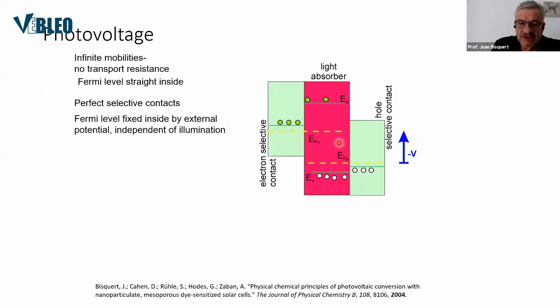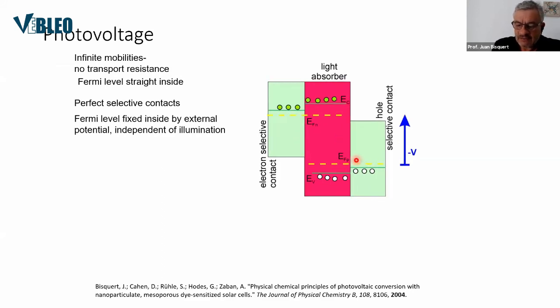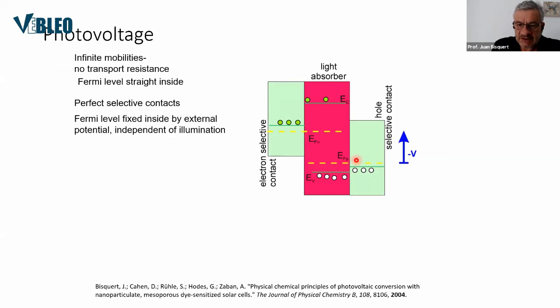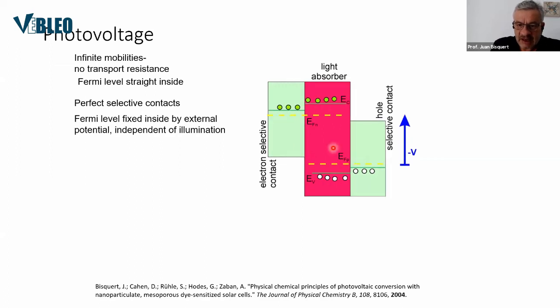So from the picture of the selective contacts, you can see the process of creation of photovoltage, because the internal state of the semiconductor is taken by the contacts, and then you can have photovoltage. This is a very simple model with several assumptions, which is nice for getting an idea of how the solar cell works.